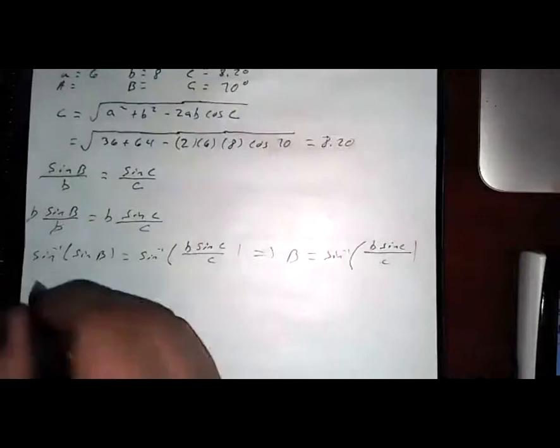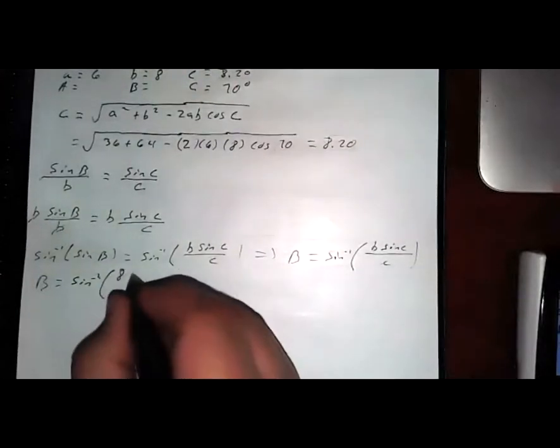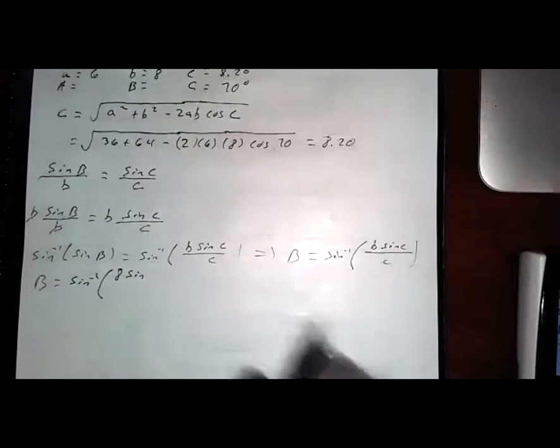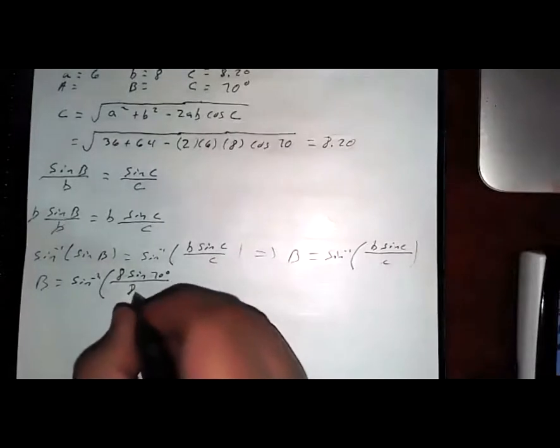So that would be sine inverse of little b is 8, sine of C is 70, over 8.2.